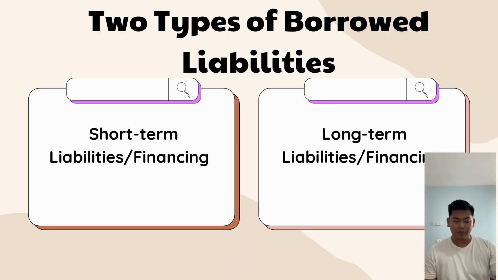While the next one is promissory notes. This is a written pledge by a borrower to pay a certain sum of money to a lender at a specified future date. Such a loan entails an interest.